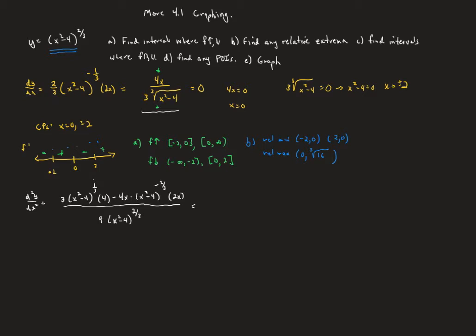So when we see these powers, we have the (x squared minus 4) to the 1/3 and also to the negative 2/3. Our general rule that will serve us well is we're going to factor out the smaller of the exponents. So in this case, a negative 2/3 is smaller than the 1/3.